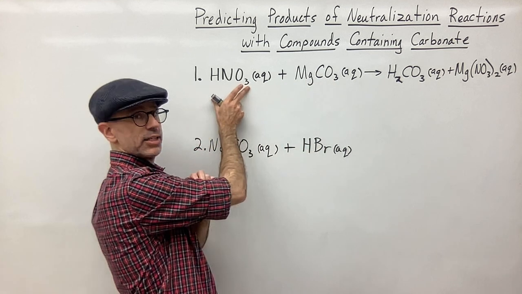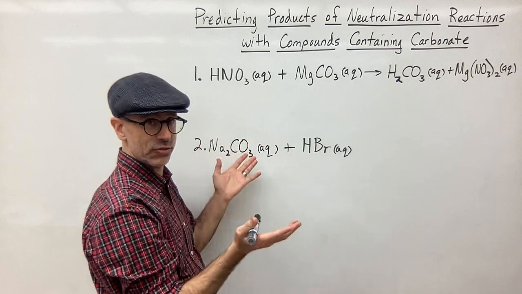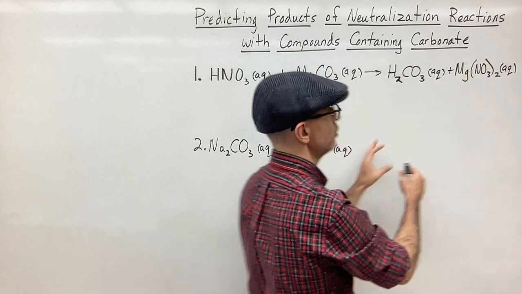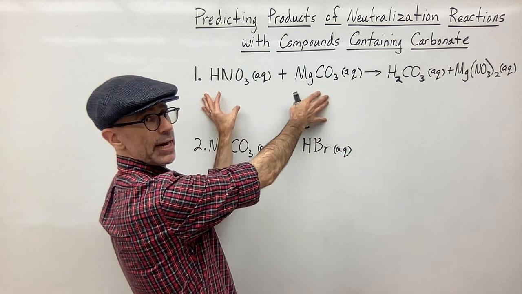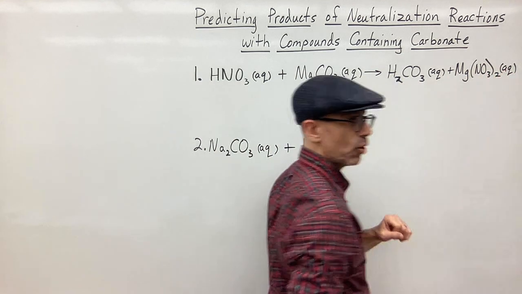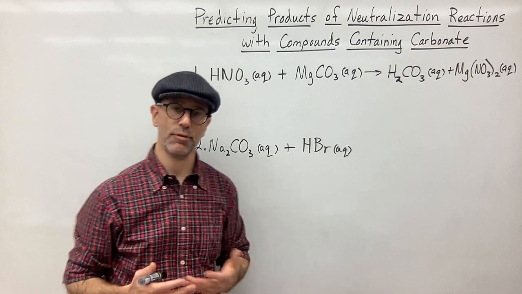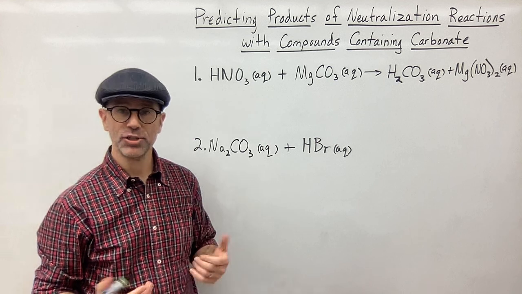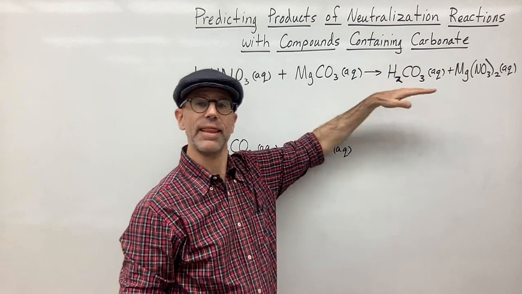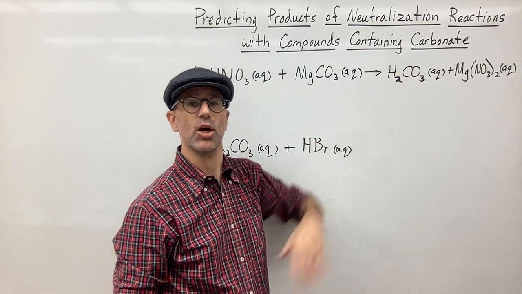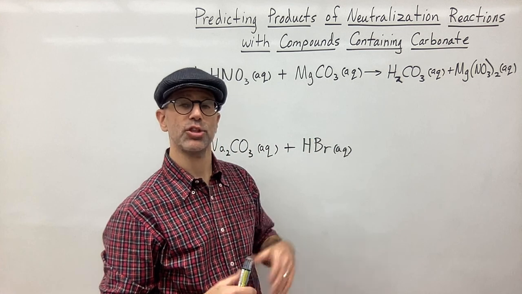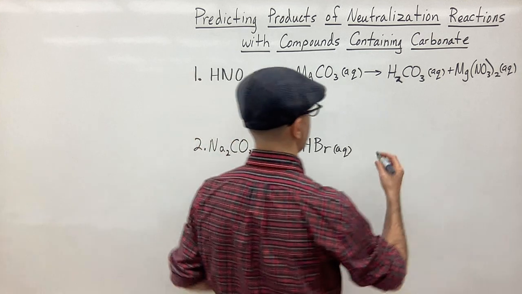This is not ionic, it's covalent, but it will ionize into ions. And if we had two aqueous ionic compounds here, and we ended up with two ionic compounds here that were both aqueous, yes, you would have no reaction. But carbonic acid is a covalent compound.